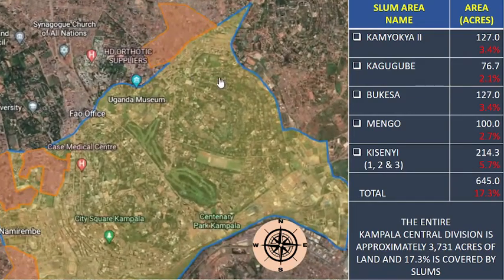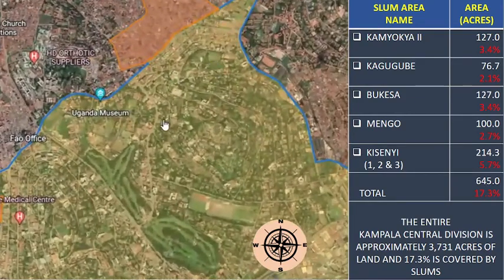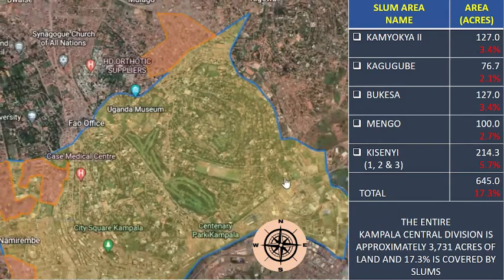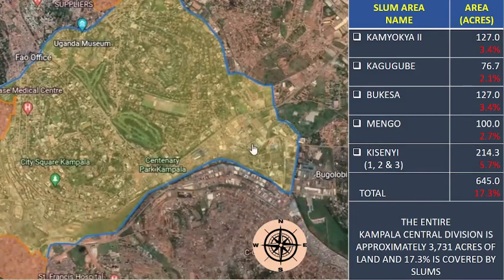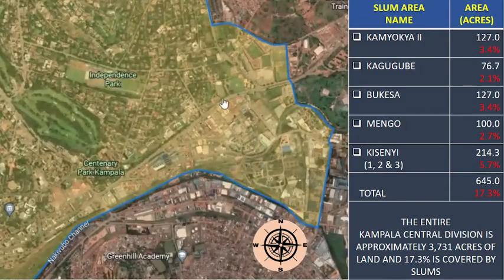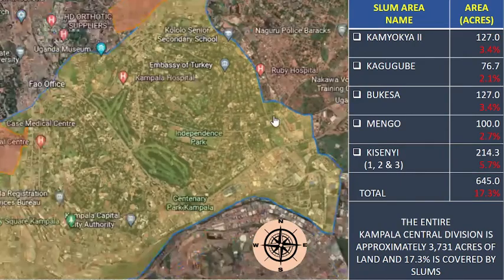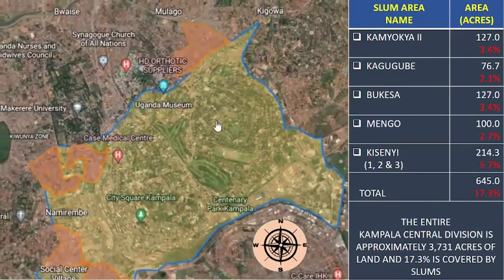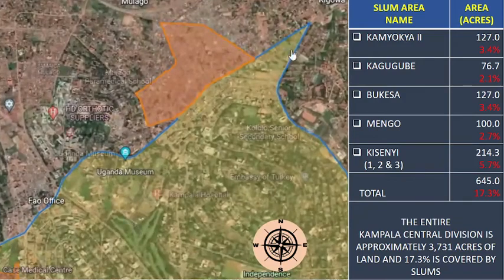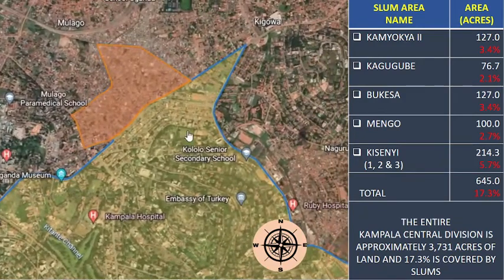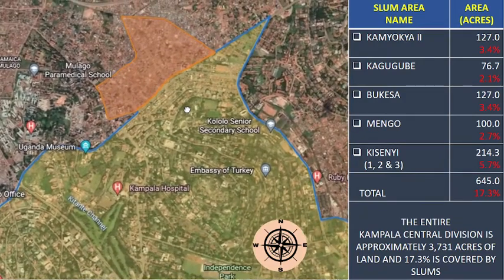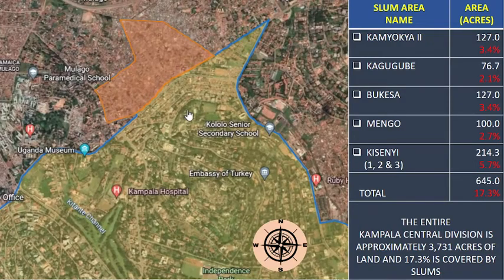But even if you take a look at the entire Kampala Central Division area, there is no clean area that has been well planned. In fact, for me, just as I've been saying, plans without planning, the entire Kampala area is just a large informal settlement. It's just small plans without bigger planning.